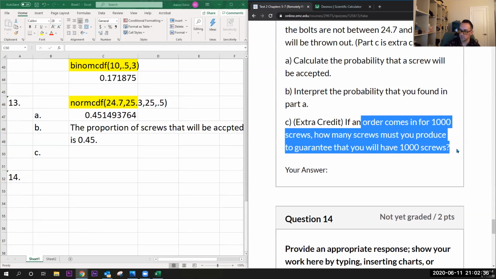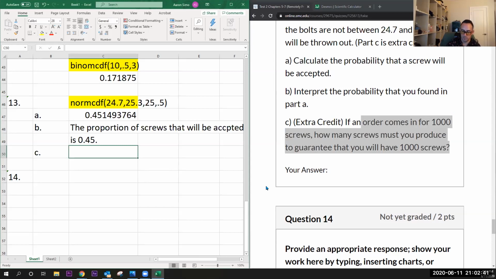How many screws must you produce to guarantee that you will have 1,000 screws? Well, 45% of them are accepted. So I say 0.4515x equals 1,000. So 45.15% of some bigger amount of screws equals a smaller amount, which is 1,000.